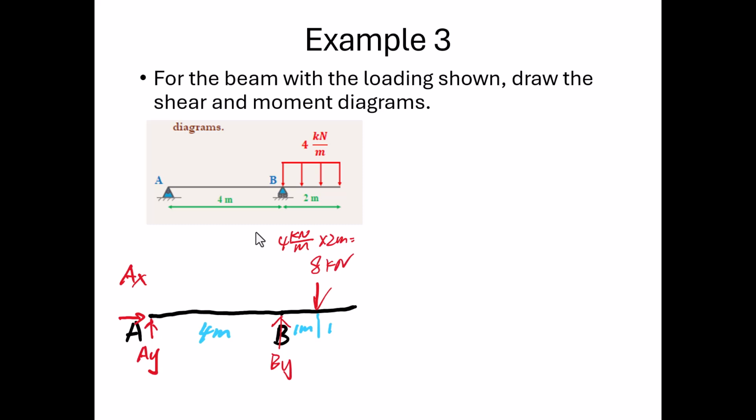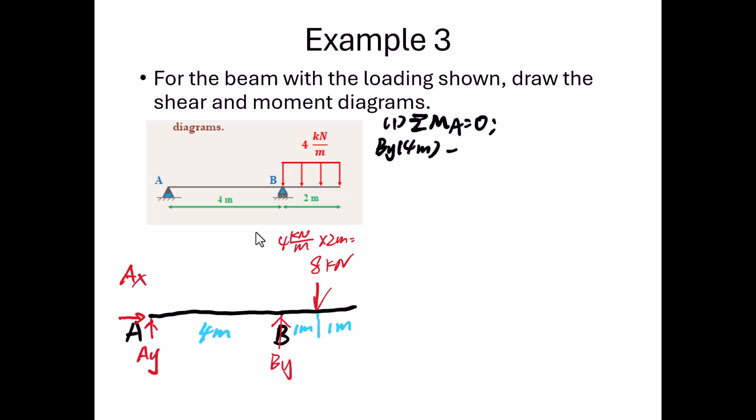Sum of the moment equals 0. BY times 4 minus 8 kilonewton times 5 equals 0. BY equals 10 kilonewton.